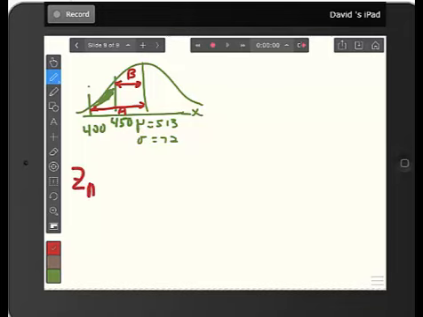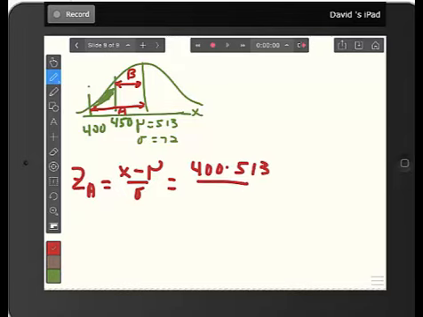So we'll get z_A is equal to x minus mu over standard deviation. So 400 minus 513 over 72, and that's minus 1.57. The minus just means that we're below the mean, so a little more than 1.5 standard deviations from the mean.